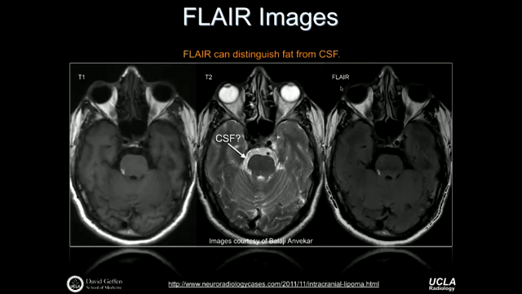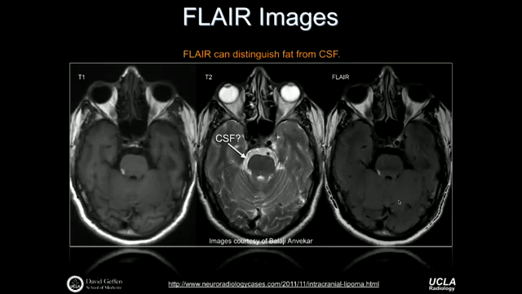I invert my magnetization, but now I wait long enough for things like CSF to be null. And what you'll find is that in this case, the CSF that was in this pocket here is in fact null. And if you look carefully, other areas where you have these bright streaks are also CSF compartments. They're also dark on this image here.